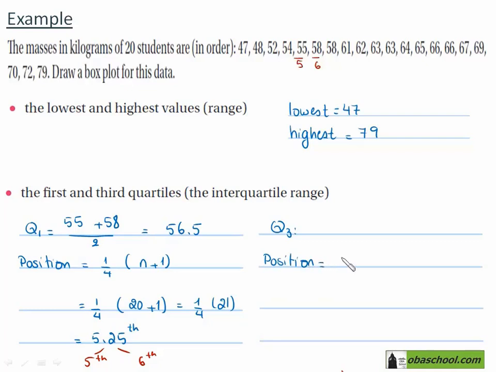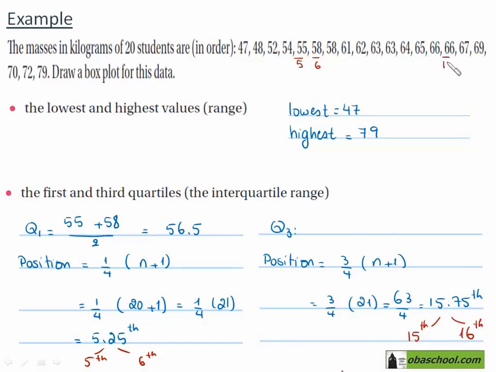Q3, let's find its position. It is 3 over 4 into n plus 1. And that would be 3 over 4 into n plus 1 is 20 plus 1, which is 21. And so 3 over 4 times 21 is 15.75. So the position of Q3 is between the 15th and the 16th value.